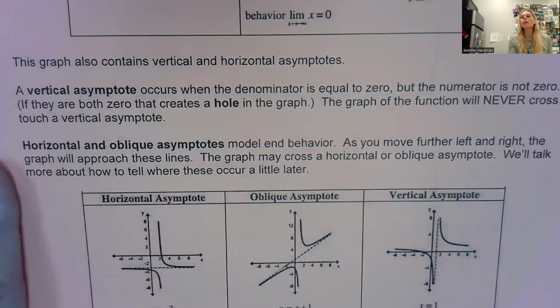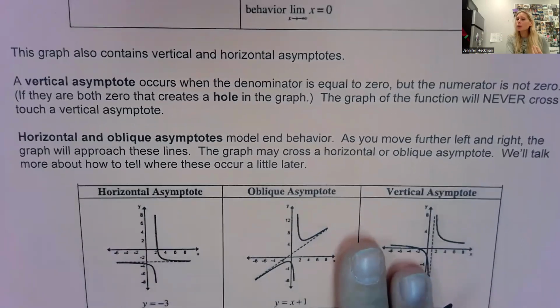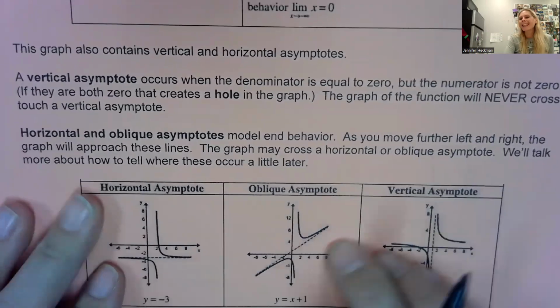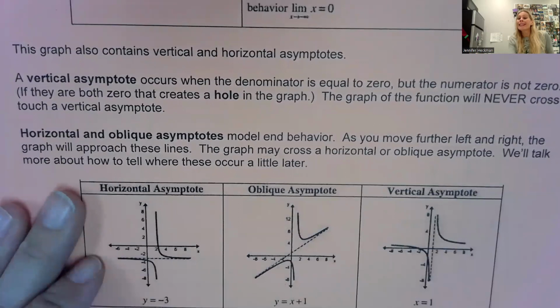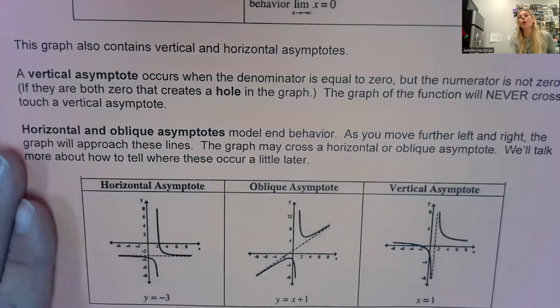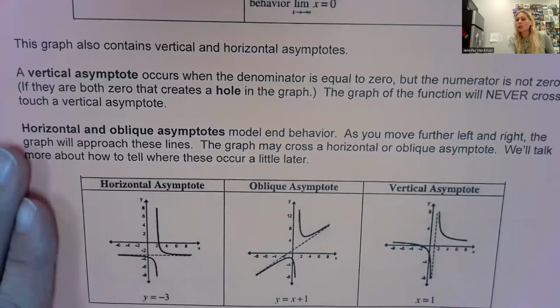And then there's what we call an oblique asymptote, okay? Other people call it a slanted asymptote, because as you can see, you have a slanted line. This year, I'm going to show you how to identify whether our rational function has a horizontal or an oblique asymptote.